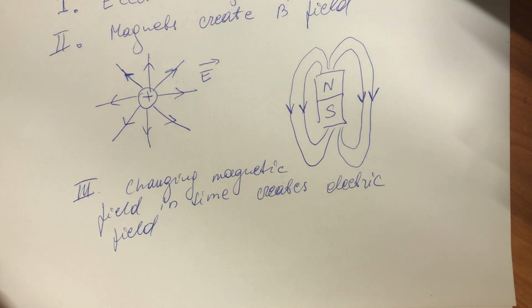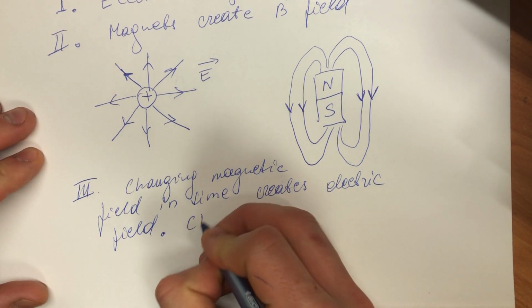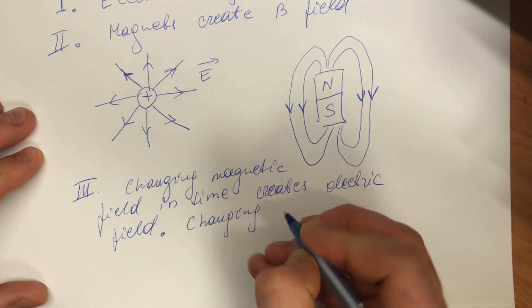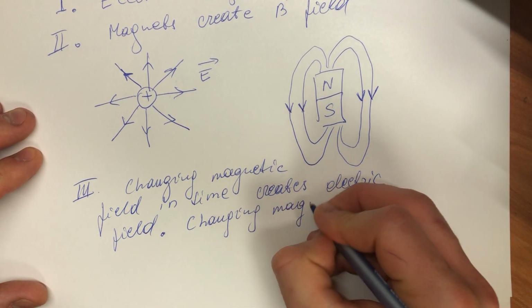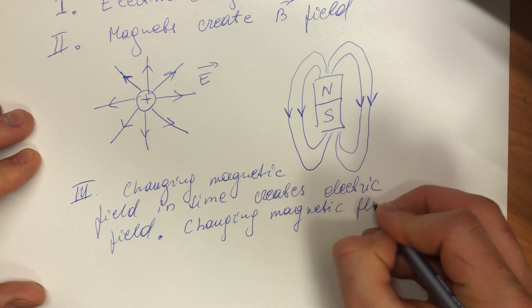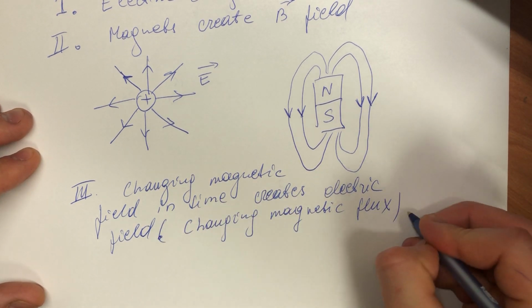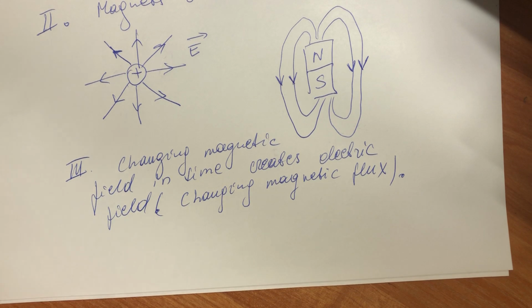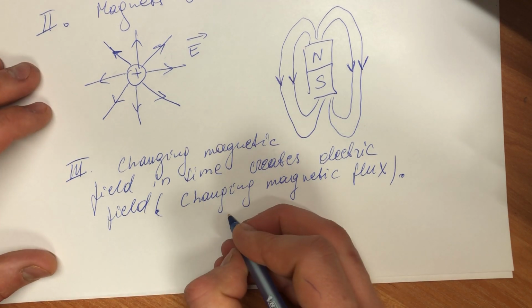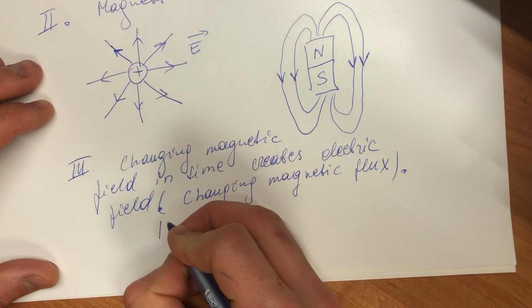We can even add that changing magnetic flux, extending the first notion that we did earlier in this lecture, creates electric field.